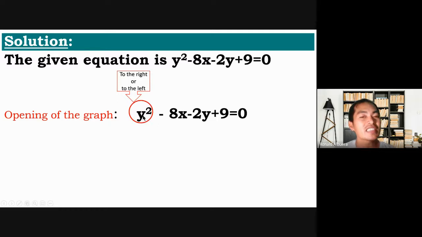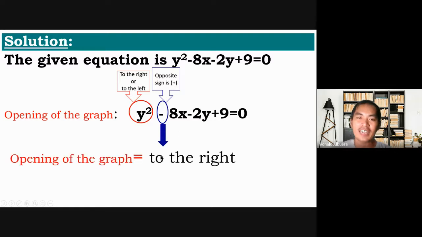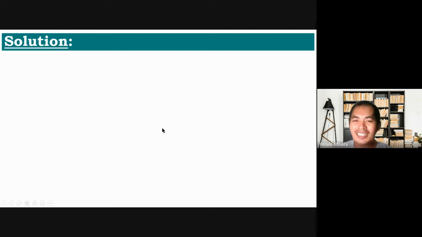Titignan nyo yung term na opposite variable sa y, which is x. Okay? At titingnan nyo yung sign ng x, which is negative. Get the opposite sign. Opposite sign is positive, meaning to the right yung graph. Since the opposite sign is positive, the graph opening is to the right. So, yun lang ang shortcut niyan.